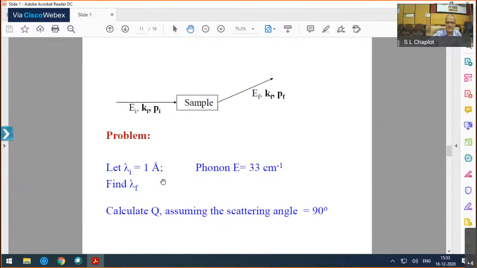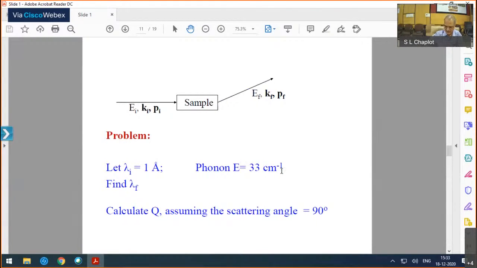Suppose my incident wavelength is just 1 angstrom, and I want to measure a phonon which I know from, let's say, Raman scattering is about 33 centimeter inverse.